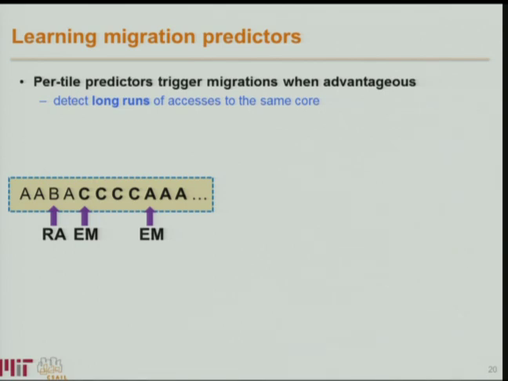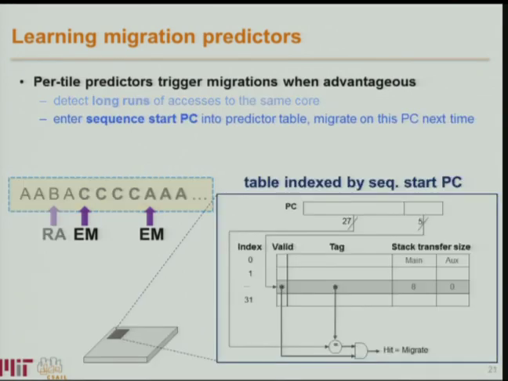So you want this to be a remote cache access. On the other hand, if you have a lot of accesses to the same core, like to the core C over here, then you want to migrate and amortize the cost of migration by making multiple local accesses. And maybe if you have more, then you migrate back to wherever you need to keep running.